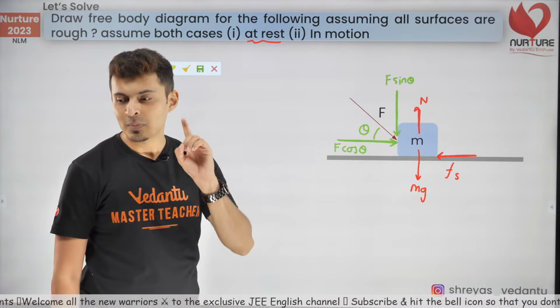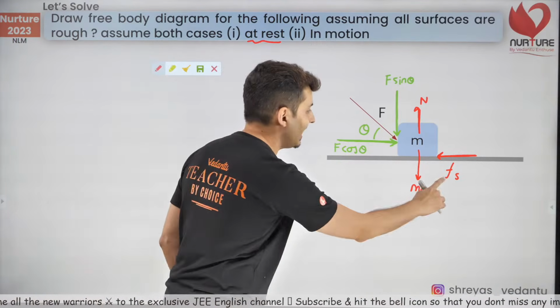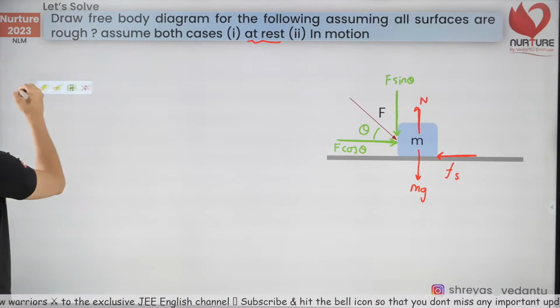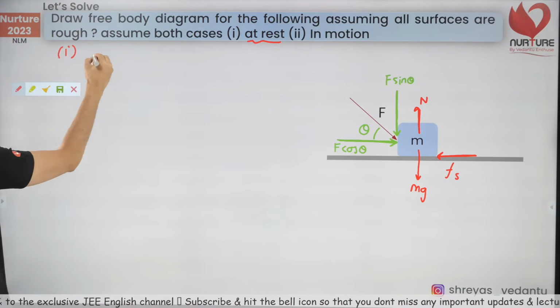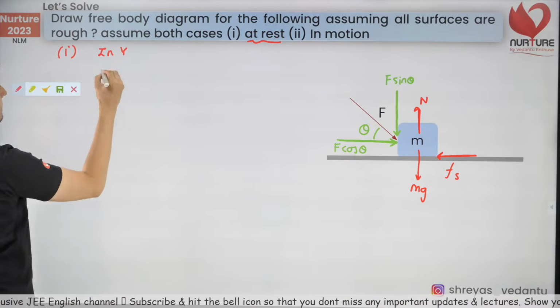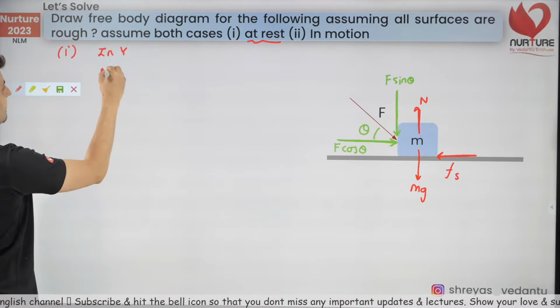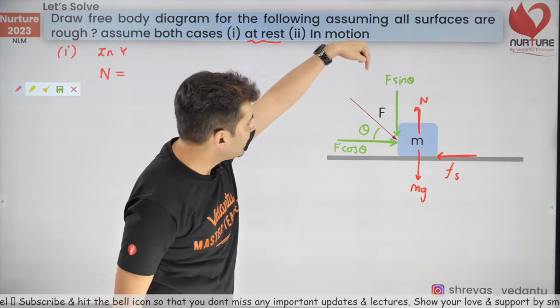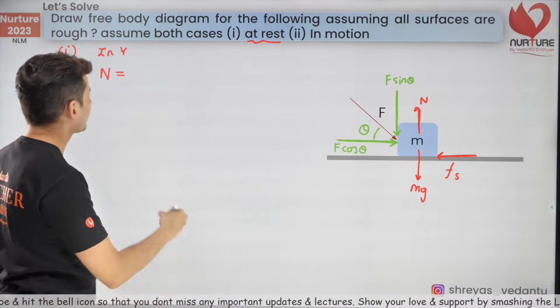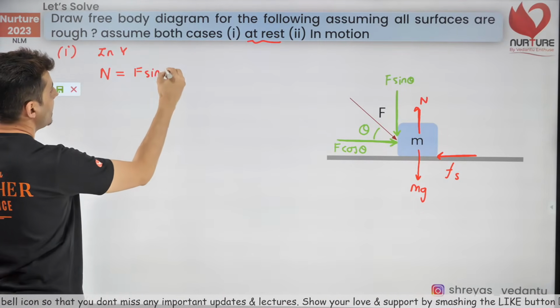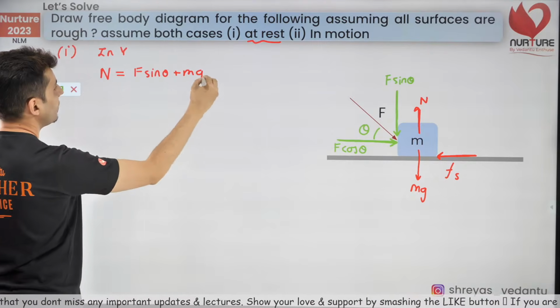Is that clear? Now, what you need to do is, in the y direction, so we are solving the first question, can you see the normal force will balance F sin theta and mg? F sin theta is below and also mg is below.